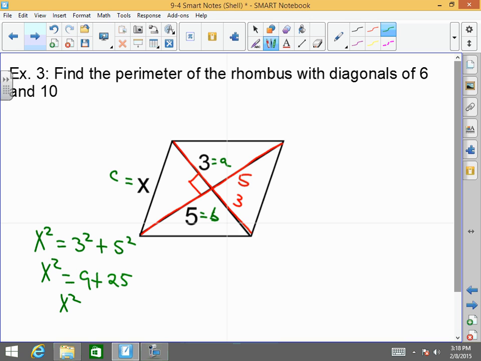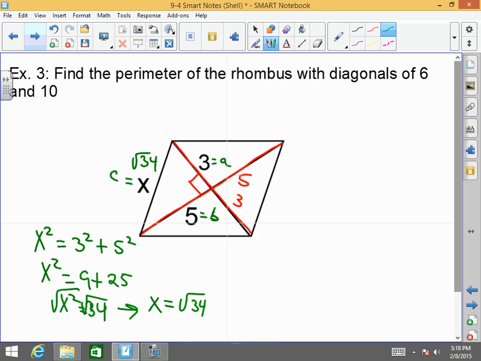So x squared equals 34. I want to solve for x, so I take the square root of both sides, and therefore x equals the square root of 34. Okay? And again, it is technically plus or minus square root of 34, but we do not use the negative roots when we're talking about real figures and distances and lengths. So x is the square root of 34.